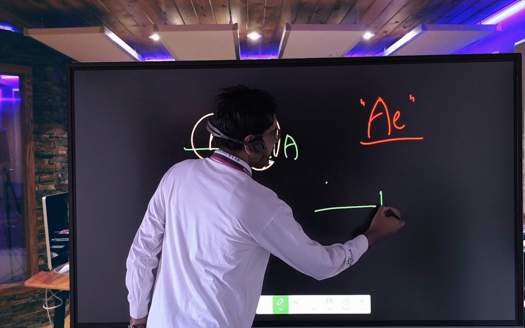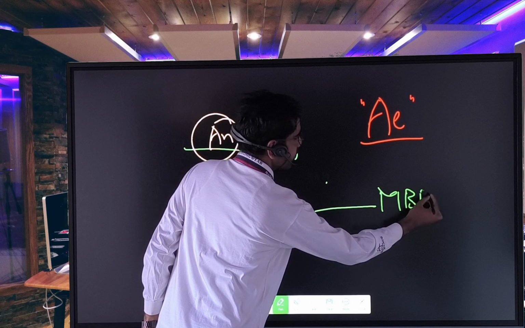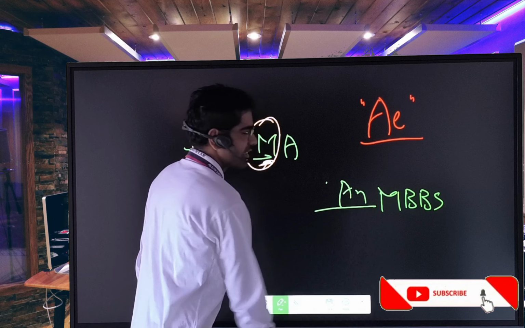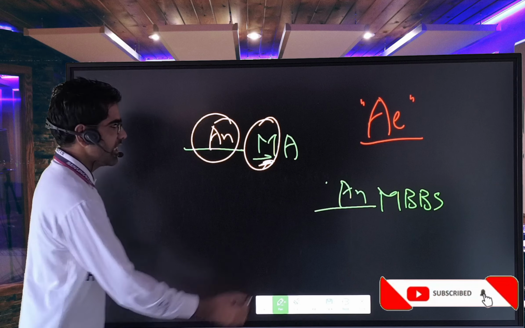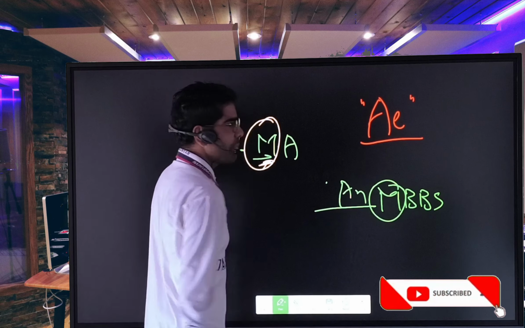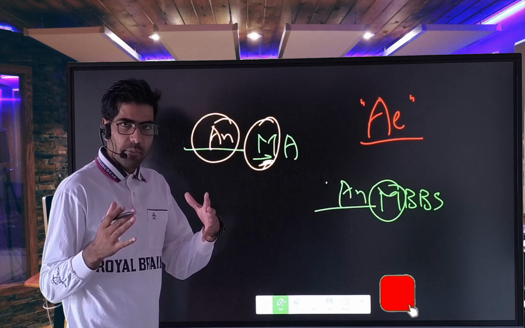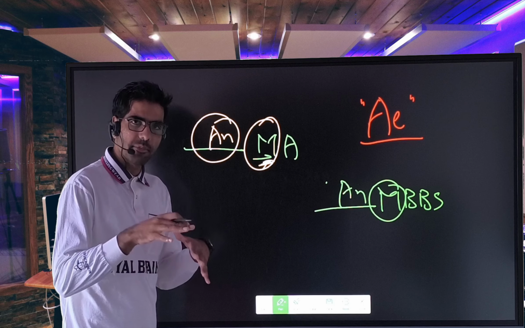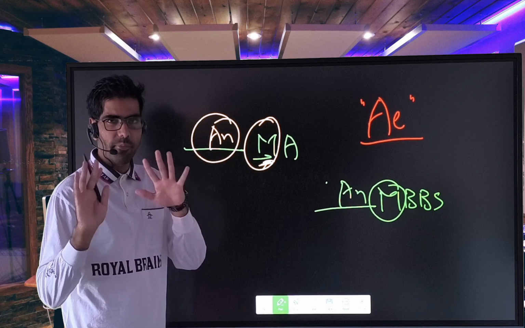So let's give one more example. For example, I say here "an MBBS". Okay, because when you pronounce it, it is "em", got it? Yes, "em". We don't pronounce it as "mam", no, "em". One more example.